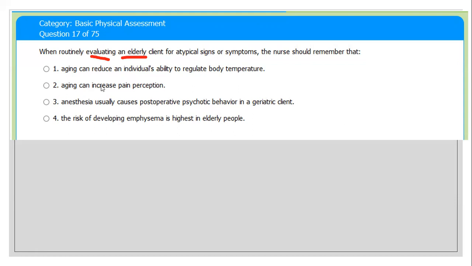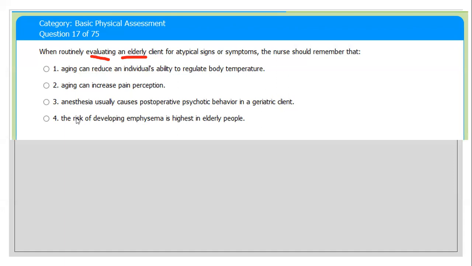Number two, aging can increase pain perception. Number three, anesthesia usually causes postoperative psychotic behavior in a geriatric client.